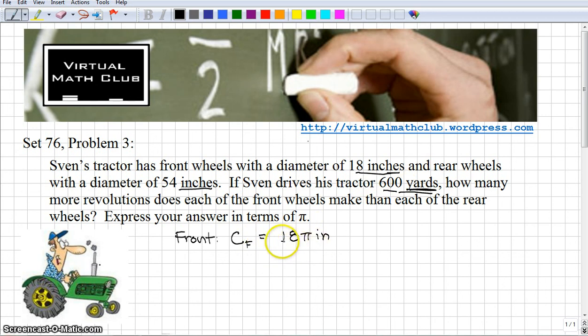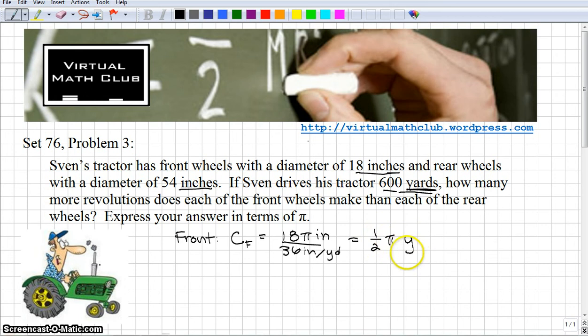So we know that there are 36 inches in a yard, so if we divide that 18 pi by 36, we'll get the number of yards. Yards is 3 feet and 12 inches per foot, so that's 36 inches per yard.